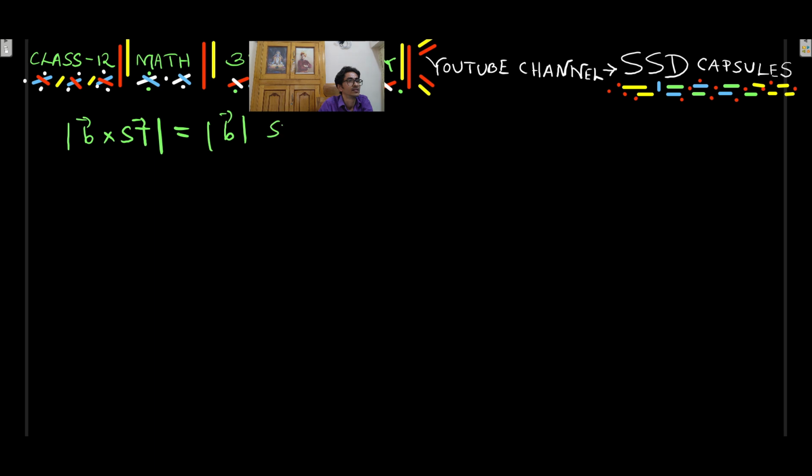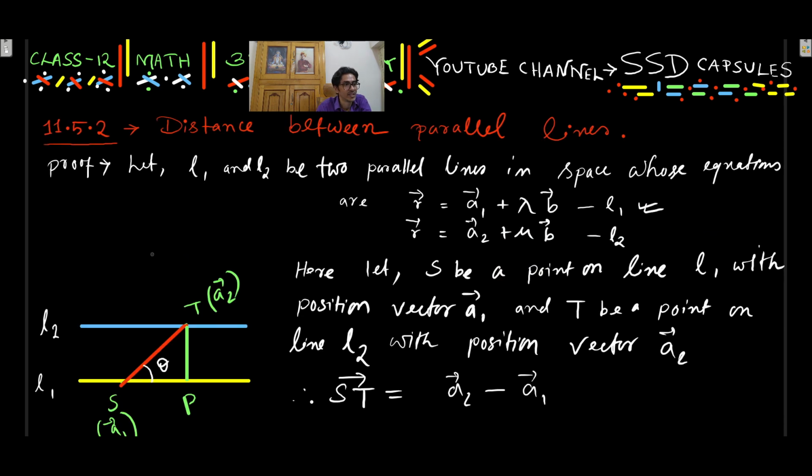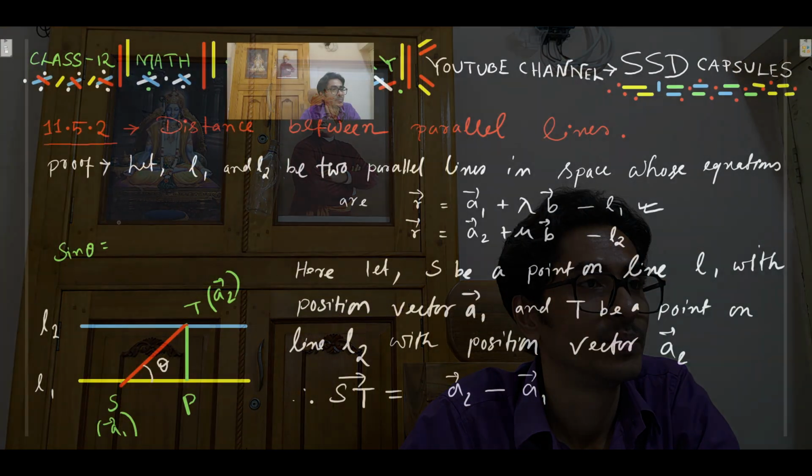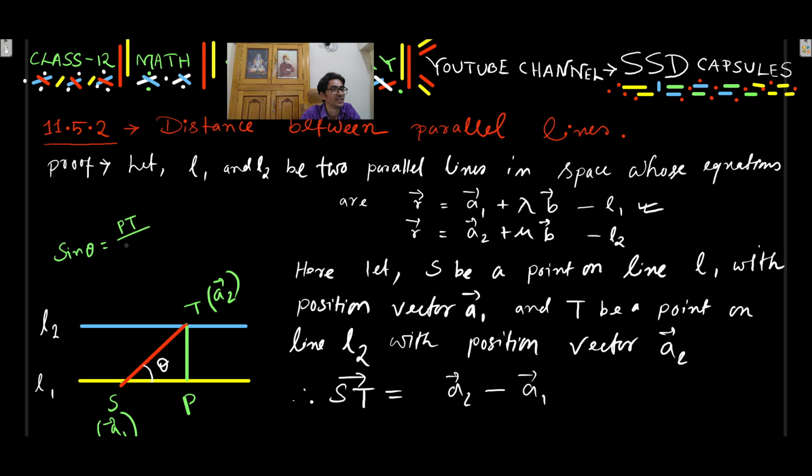Now from the diagram, if we consider this triangle STP, what is sin theta? Sin theta equal to perpendicular by hypotenuse. So PT by ST.